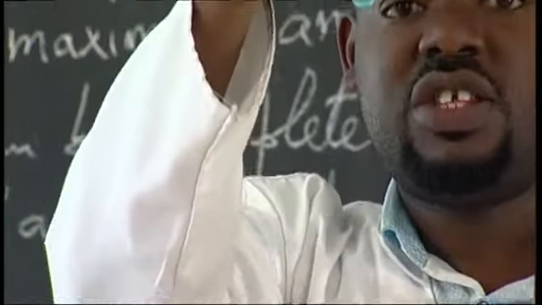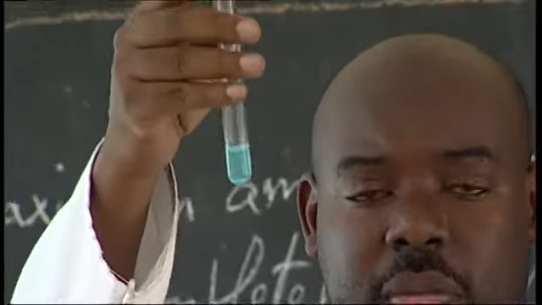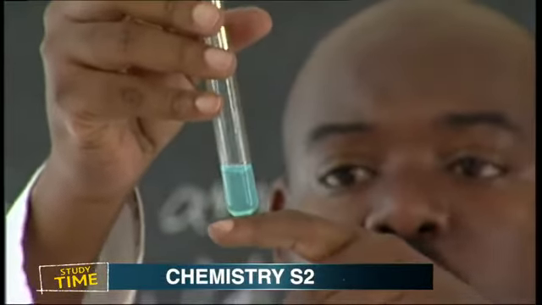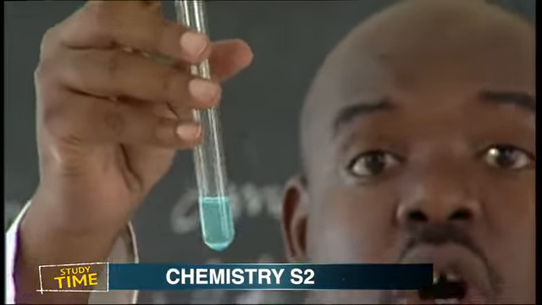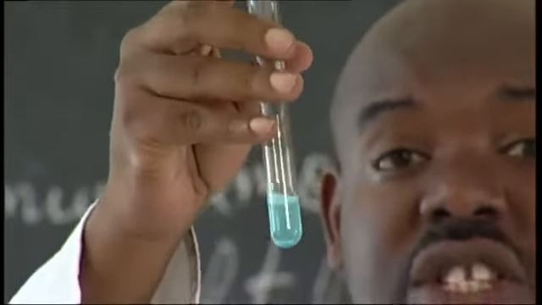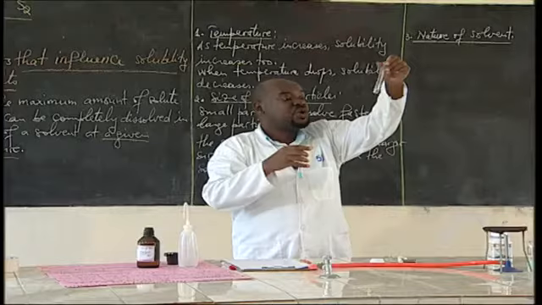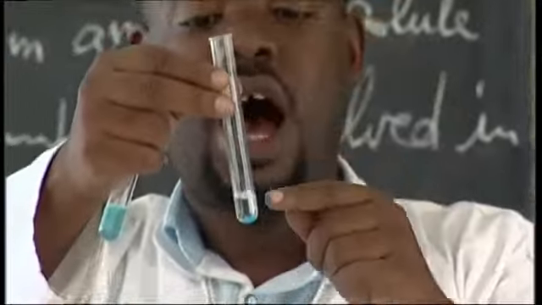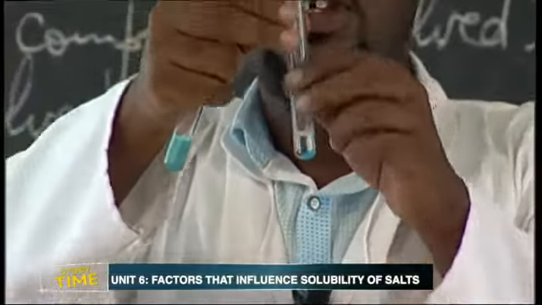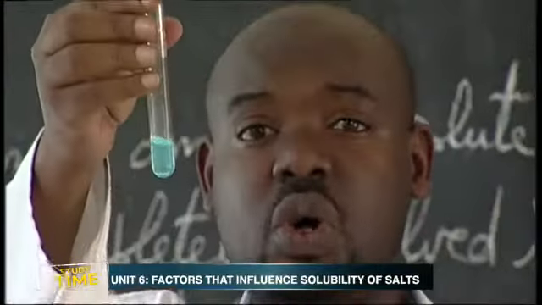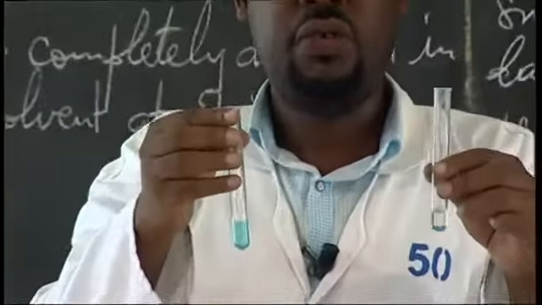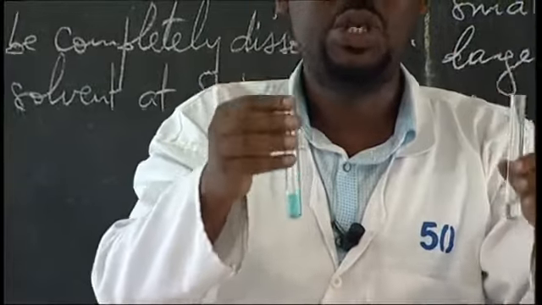You can see that this solution, where we have water as a solvent, is becoming blue, and the solute particles are disappearing. So the solute or the salt is dissolving. But here there is no dissolution. The solute is not dissolving. Why? Because we have an organic solvent. This is hexane, and this is water. So depending on the nature of your solvent, a solute can dissolve or not.